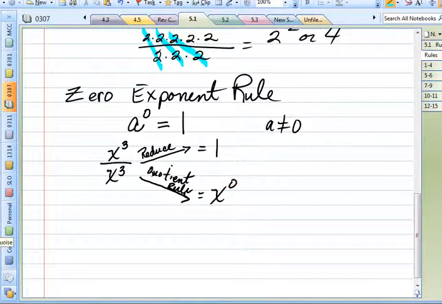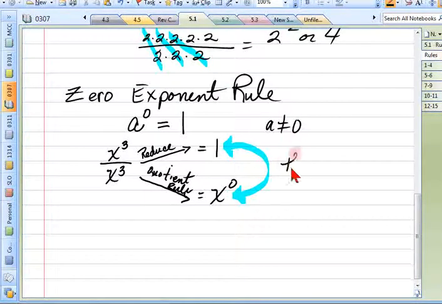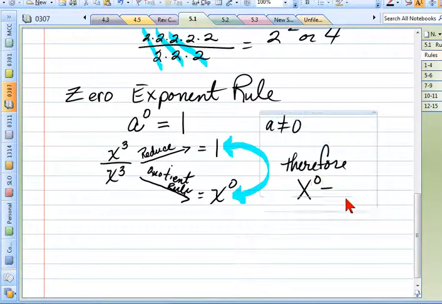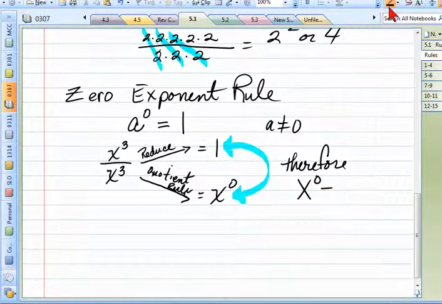Now, if this expression is equal to 1, and this expression is equal to x to the 0, then what must be true about these two? They have to be the same. x to the 0 has to equal 1. So I could say, therefore, x to the 0 equals 1. Whoa.